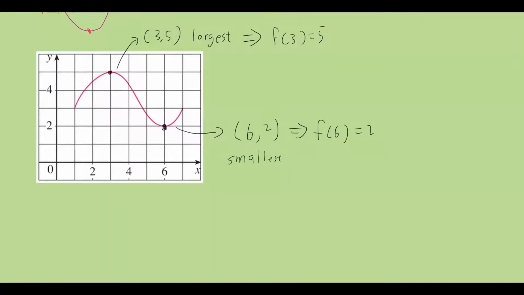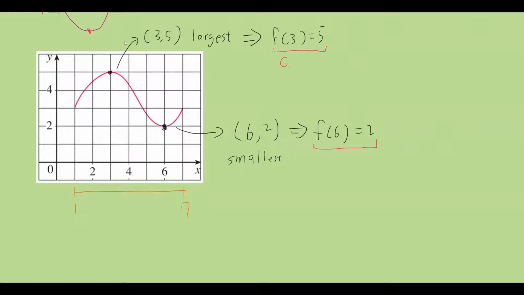Now notice that the only x values we're looking at on this graph are between x equal to 1 and x equal to 7. For this function between x equal to 1 and 7, when x is equal to 3, we have the largest value, and when x is equal to 6, we have the smallest value. So we can say that f of 3 equal to 5 has the largest value.